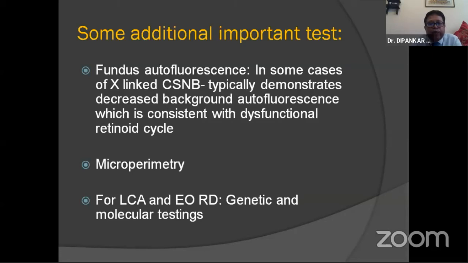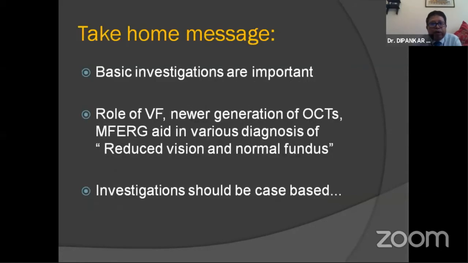I have seen some papers from advanced centers where microperimetry is used to detect multiple sclerosis; retinal mapping, particularly in the macula, is very important, but most centers in India do not have microperimetry to add to the diagnosis in neuroophthalmology. For LCA and early onset retinal dystrophy, genetic and molecular testing, as I've already said, is very, very important.